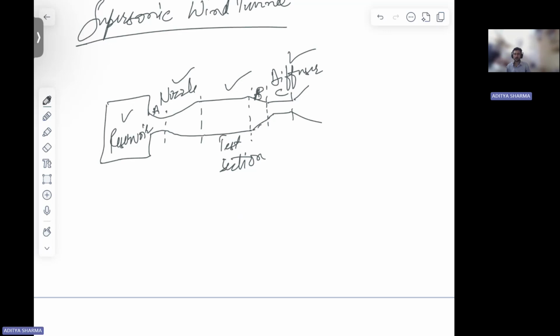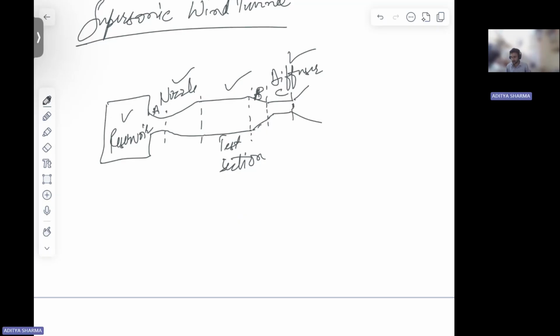One main benefit of oblique shocks is that they compress the flow. It decelerates the flow and compresses the flow with pressure loss, the total pressure loss. If you compare it with the normal shock, the total pressure loss is less in oblique shocks, right? So we use a series of oblique shocks to decelerate the flow.